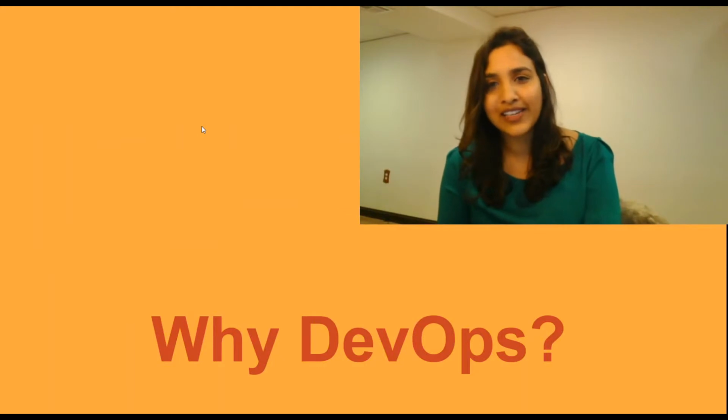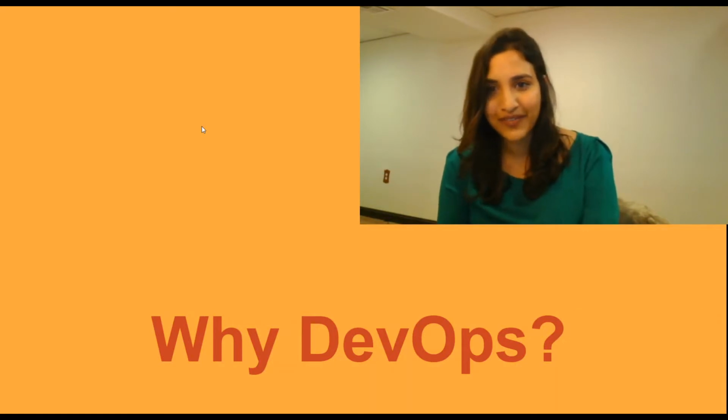So before we actually start talking about continuous testing, let's briefly take a look at what really is DevOps and why it became so famous and so widely accepted in the software development field. DevOps really is more like a culture, along with a set of processes, that brings the development and the operations teams together.